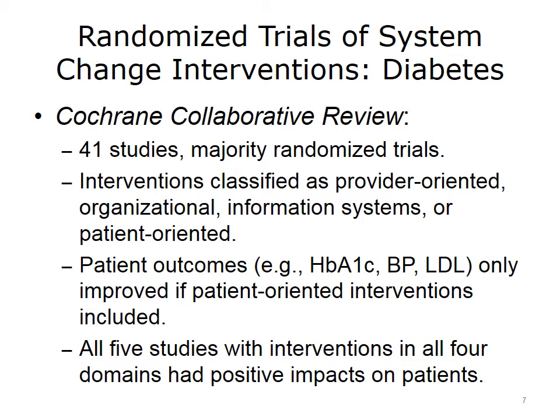To date, there are 41 studies that have used randomized controlled trials, which, in science, is the gold standard for assessing the quality of an intervention, a drug, a device, or any other medical activity for that matter.